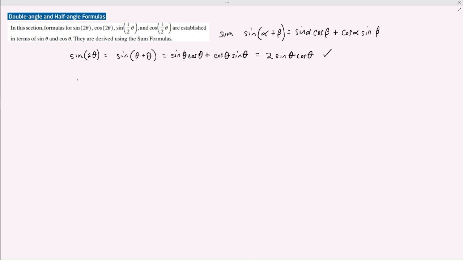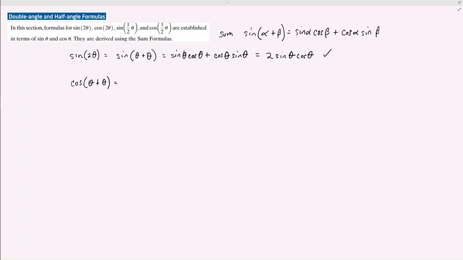Let's take a look at cosine. Again, we'll write it as theta plus theta. And if you look back at your sum rule for cosine, if it's alpha plus beta, it would be cosine alpha cosine beta.